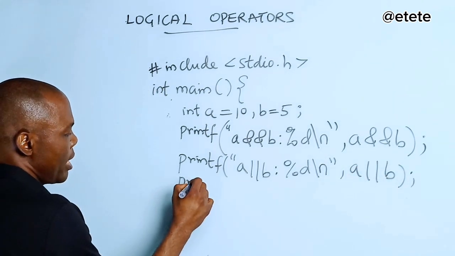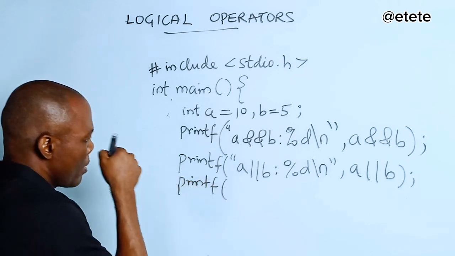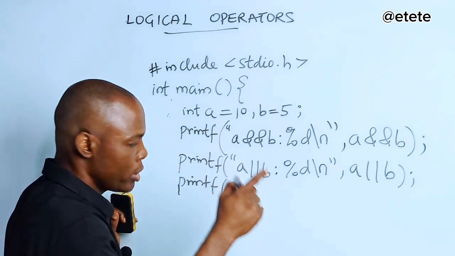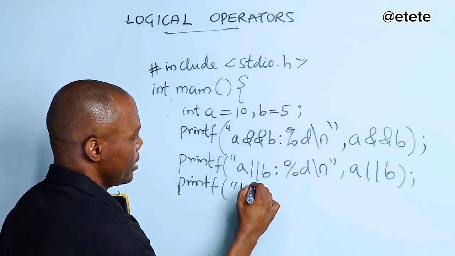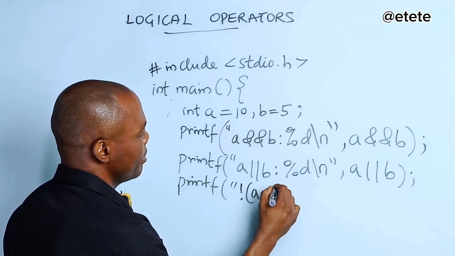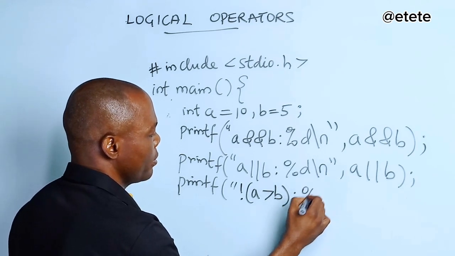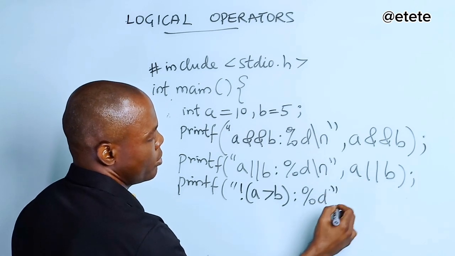Here I will say printf. Then for the logical NOT, I'm just going to say this, then A greater than B. Then I'll put this, and I'll do this, and then I'll close this.